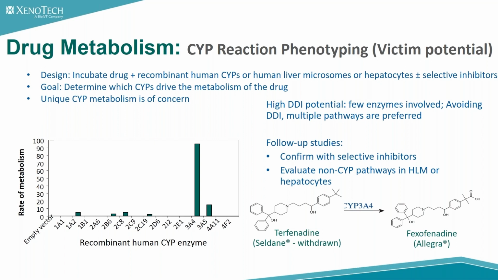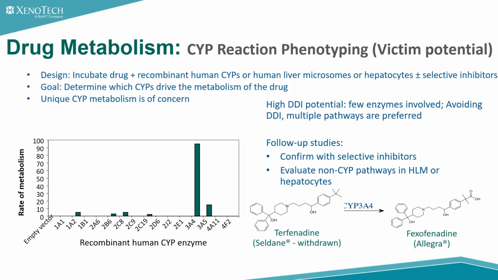These data are then corroborated by incubating the drug in human liver microsomes in the presence and absence of selective CYP inhibitors. And again, the substrate loss or metabolite formation is monitored. And the data obtained by these two experiments, both using the recombinant CYP enzymes and selective inhibition, complement each other and give a full picture of what enzymes are actually responsible for metabolizing the drug.